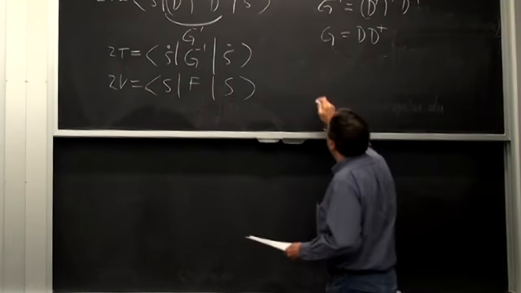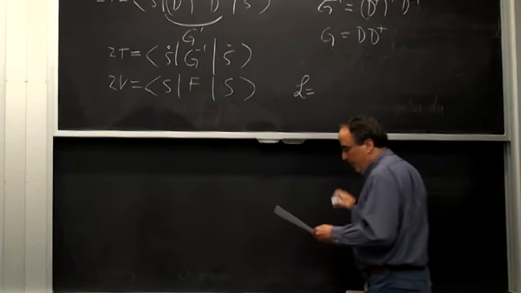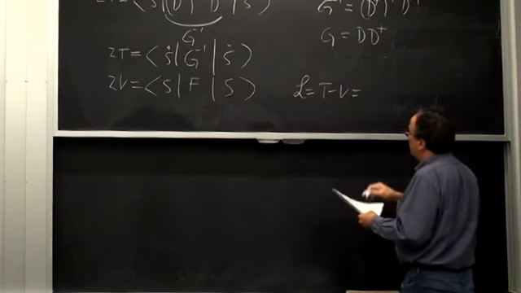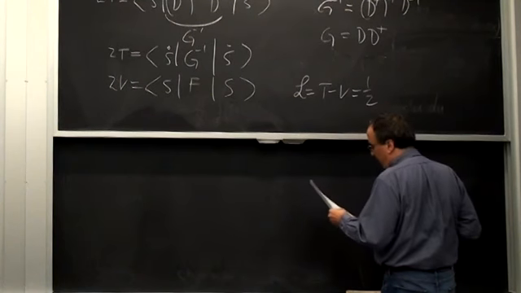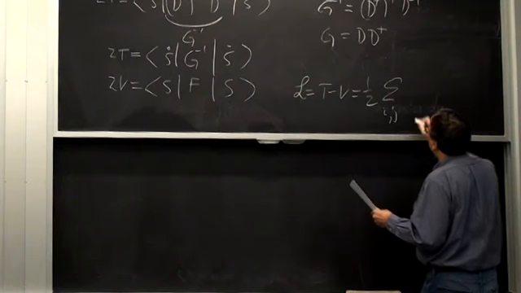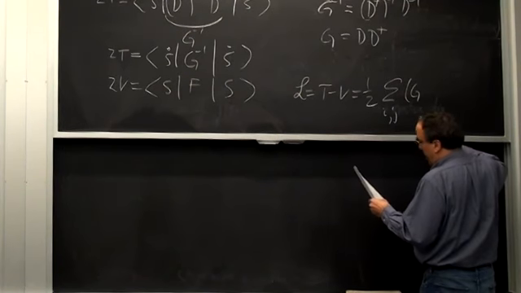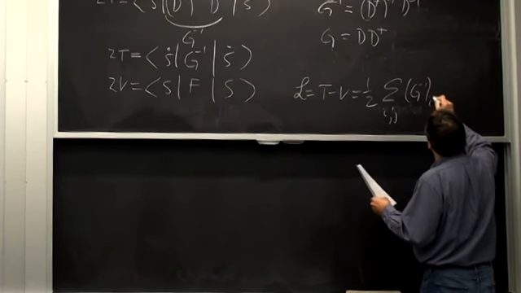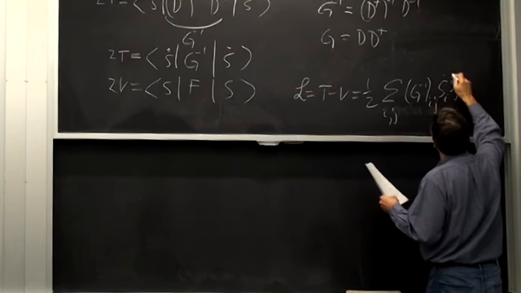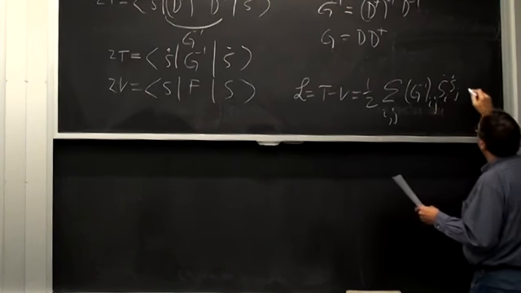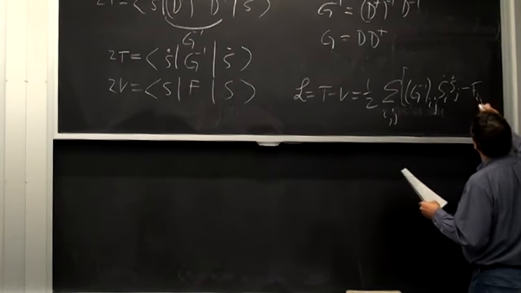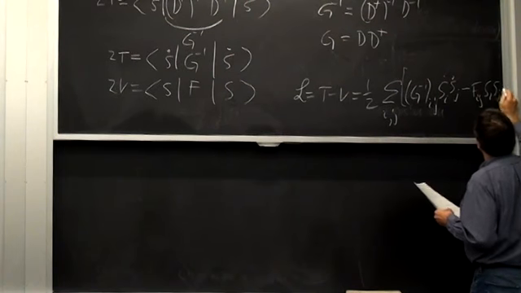Okay, so the Lagrangian is T minus V, and we can write this in compact form as the sum over I and J of G minus 1 Ij Si dot Sj dot minus the sum of F Ij of Si Sj.